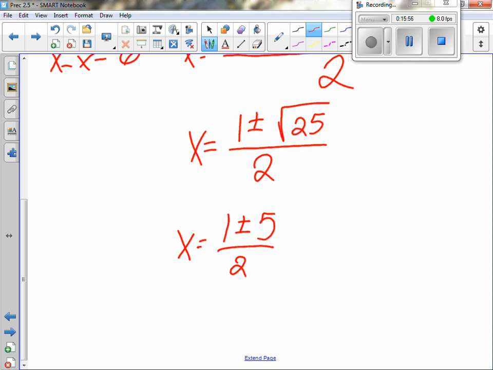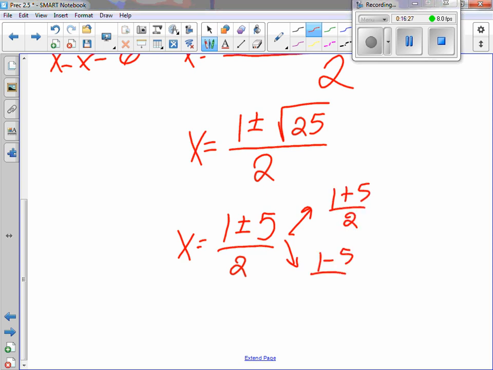So if I got that right, it should be the square root of 25. I see. Yep. 1 plus 5 over 2, and 1 minus 5 over 2.